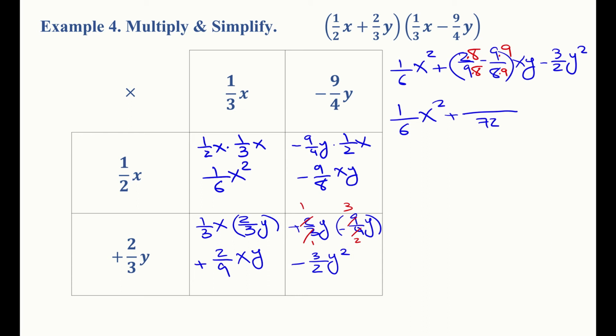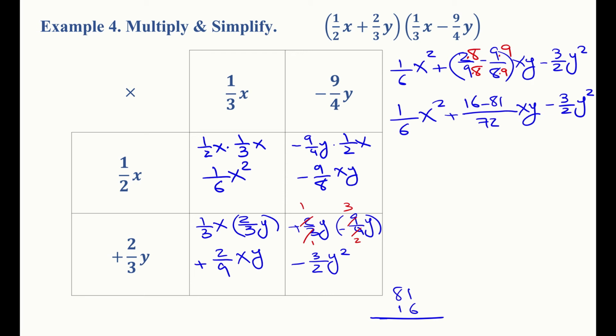So on the top, we have 2 times 8, which is 16, minus 9 times 9, which is 81. And then this is going to be times xy minus 3/2 y squared. So let's take care of 16 minus 81. So let me just do 81 minus 16.